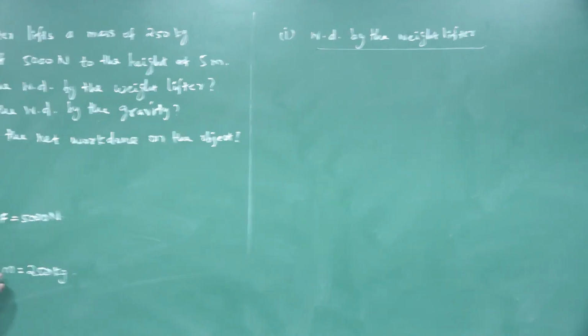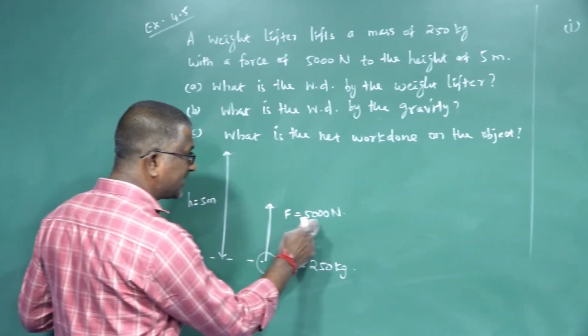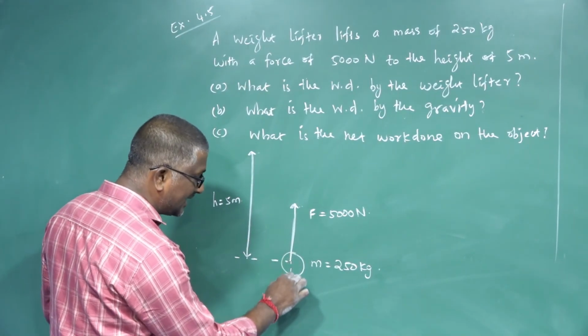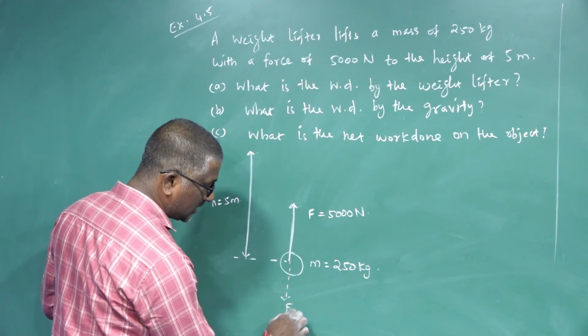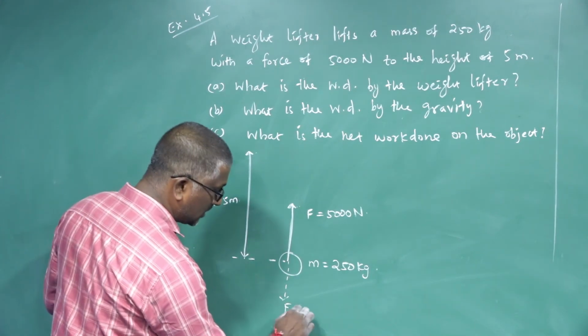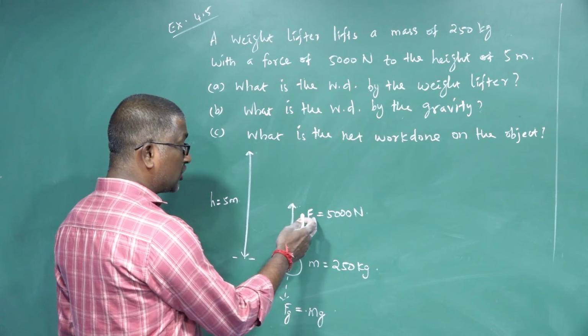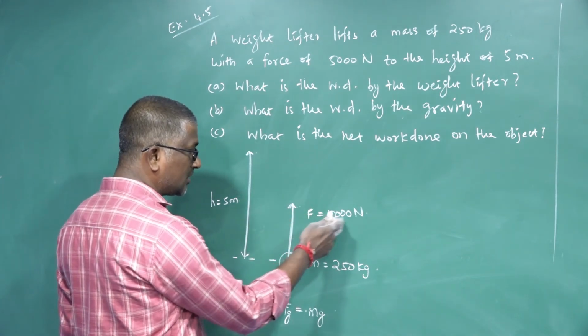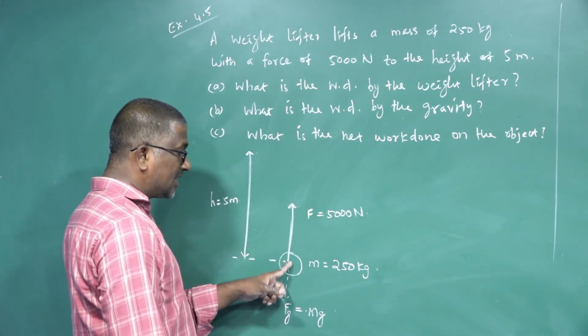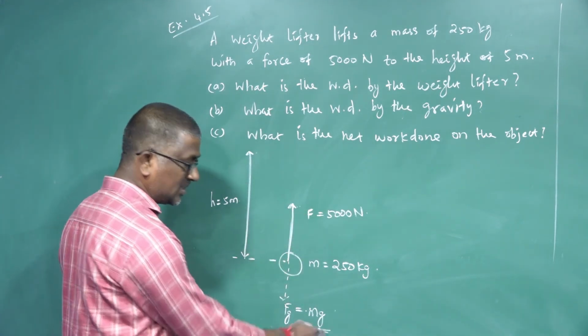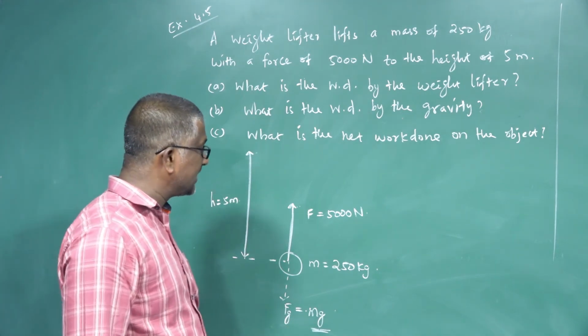Here, the weightlifter applied a force of 5000 Newton on the object against the gravitational force. The gravitational force acting on the object is mg.